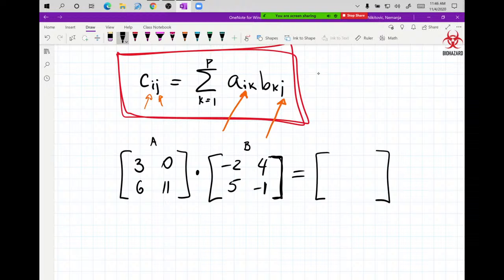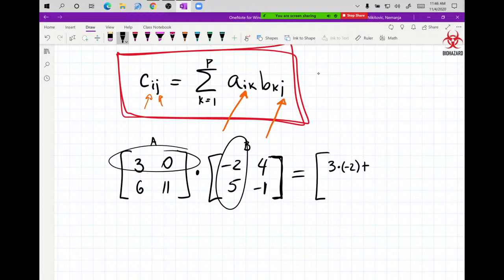I'm going to take the row of A and put that onto a column of B. So what I'm getting, actually I'm going to make a step over here and then we'll have the solution. I'm getting 3 times negative 2 plus, which is the summation, 0 times 5.